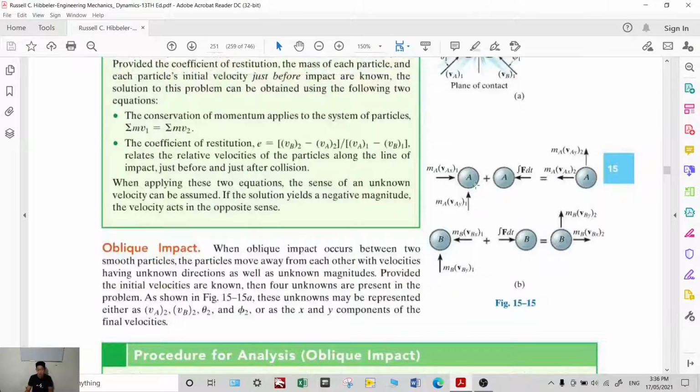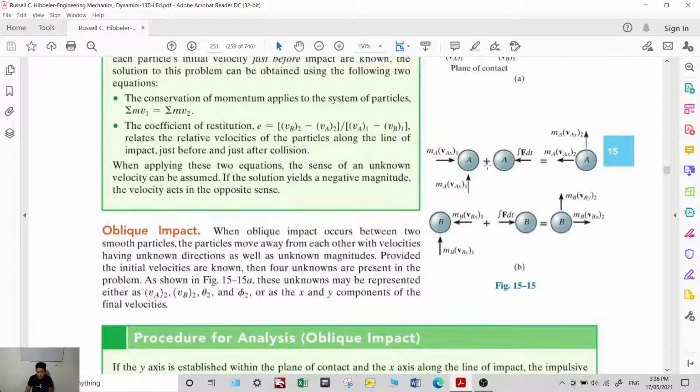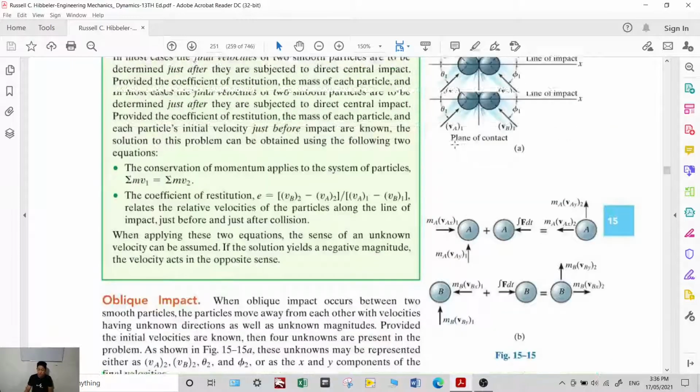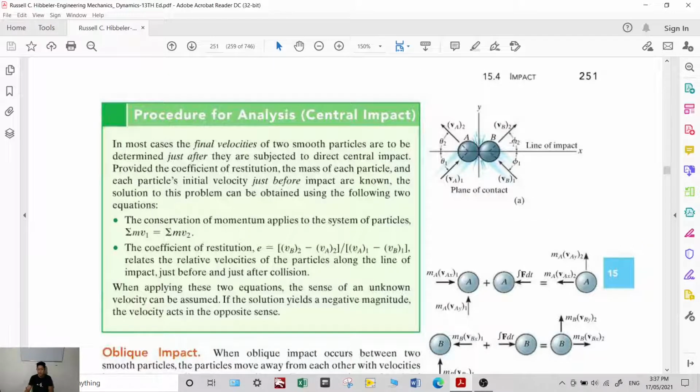So, first is you resolve the velocities in its x and y components. So we resolve the momentum of the particles, MAVEX1, MABEA1, and also for the particle B. And then usually you have unknowns, you have four unknowns, VAX, the final velocity, and the angle.